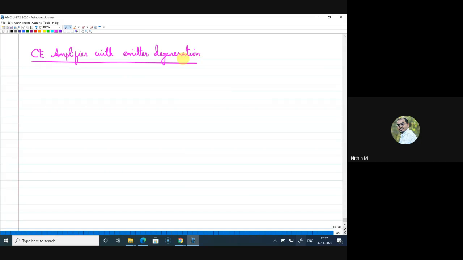Now for this, I will give you the circuit diagram. This is RC. This is your BJT. Then there is an RE resistance here. Now this is Vin and this is Vout. So this is your common emitter stage with degeneration.